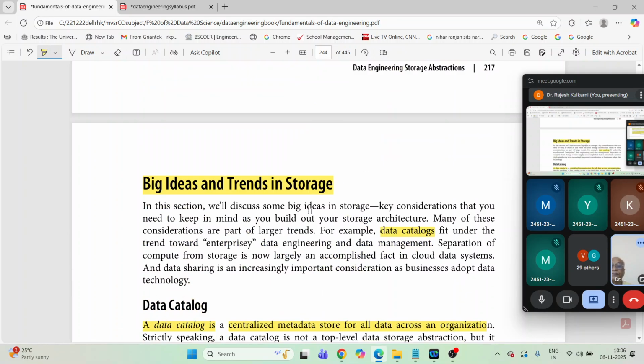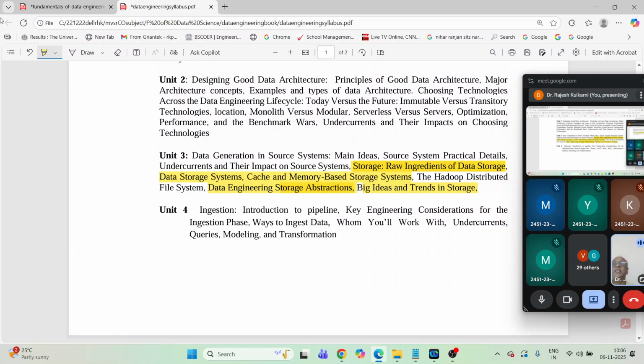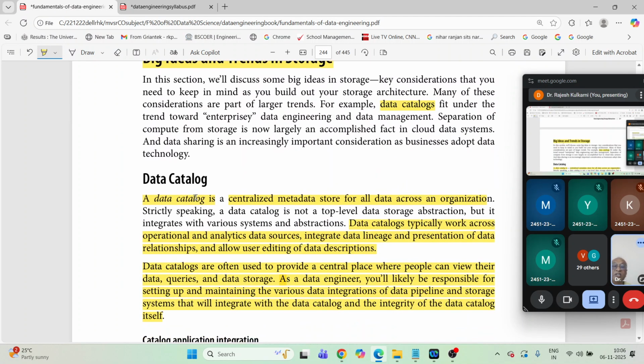Now coming to the last point of Unit 3, big ideas and trends in storage. One of the big ideas is the data catalog. So what is a data catalog?